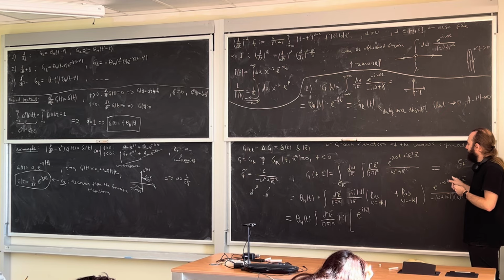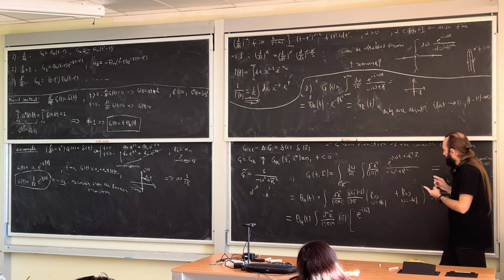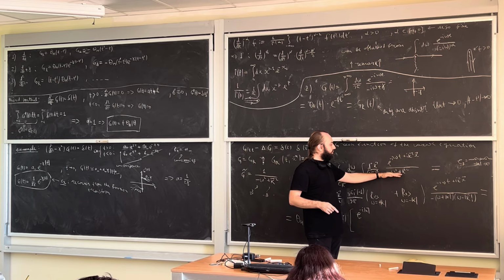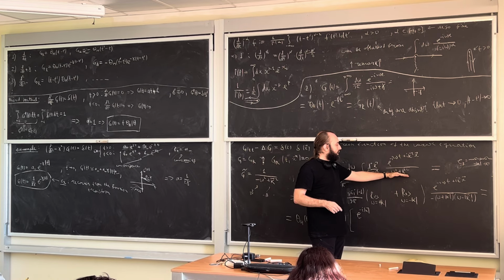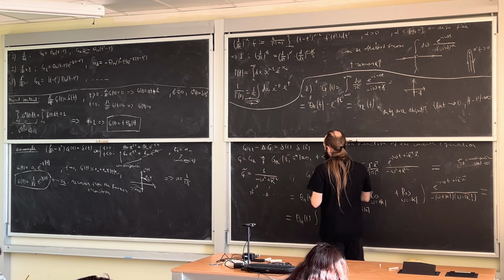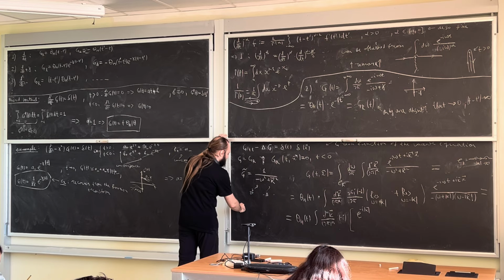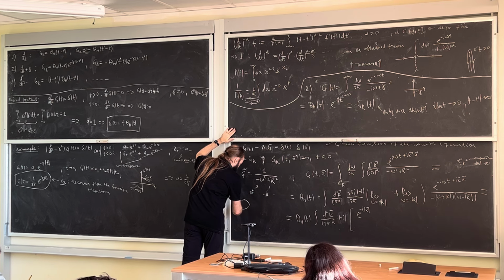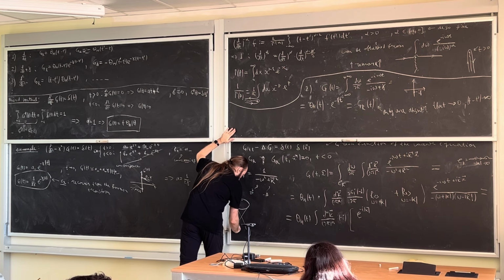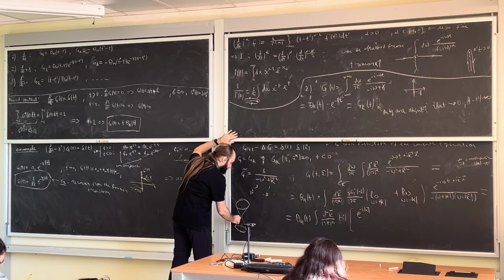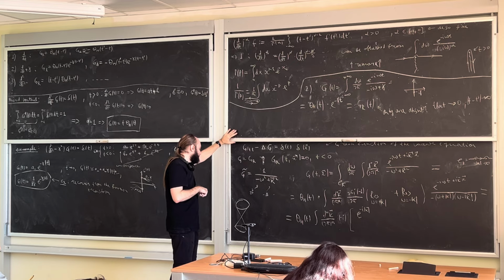So k is a multi-dimensional vector, and this domain in the k omega space is a cone. Maybe better to say a pair of cones. Like this.